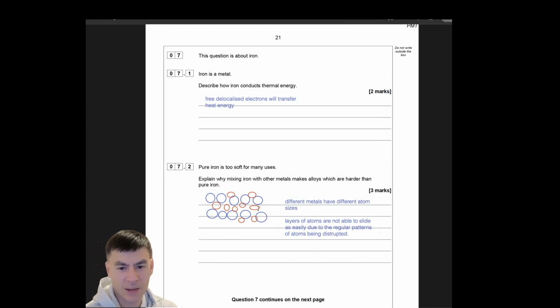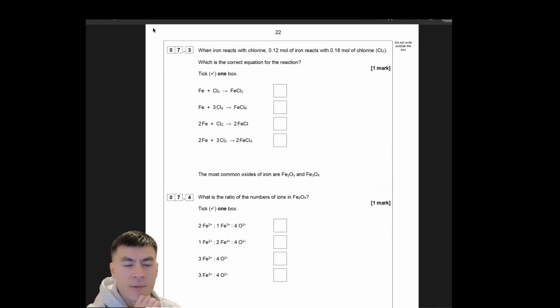OK，something like that，因為3分可能要講多少少嘢。你嗰啲 regular patterns 已經係俾人 disturb 咗啦，所以就冇咁容易 slide over each other because different metals have different sizes。夠啦，3分。Okay, question 7.3.